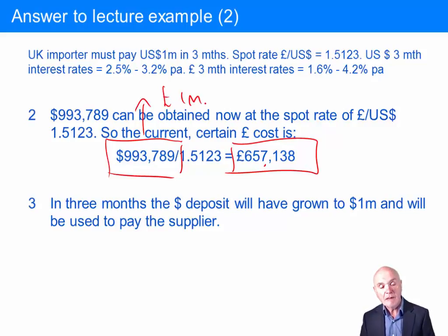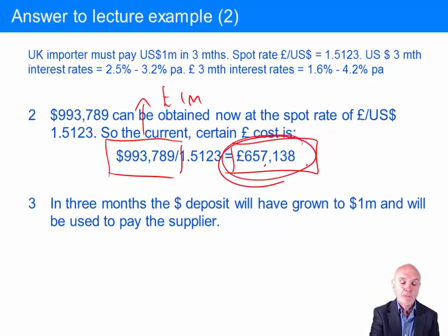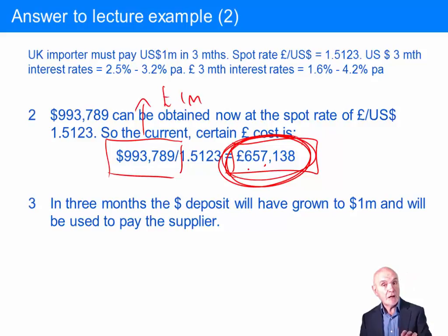Again, we have to be careful of the timing here. This is essentially taking money out of our bank account now and kind of putting it aside here for a rainy day, or not rainy day, but to pay this supplier. We're actually in a way having the cash outflow sooner than we otherwise would have. And the normal way to finish this off is to say, well, where are we going to get this 657,138 today? And the kind of assumption is that we're going to be borrowing it.